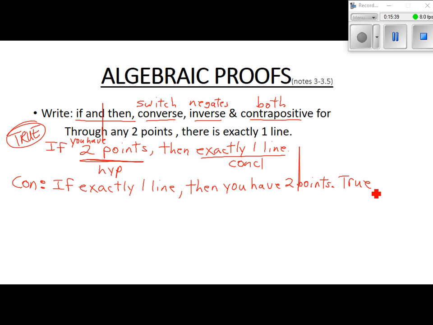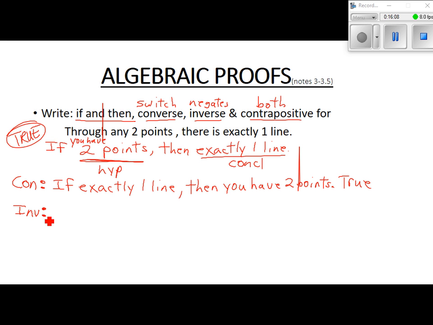Last class or the class before, I can't remember which one it was, but we said if the original statement's true and the converse is true, that's called biconditional. And we could say, you have 2 points if and only if you have exactly one line, using that if and only if. Biconditional, both the original statement and the converse are true.